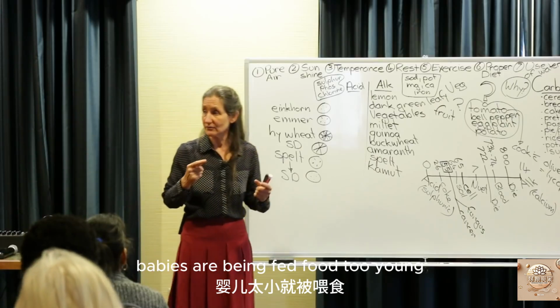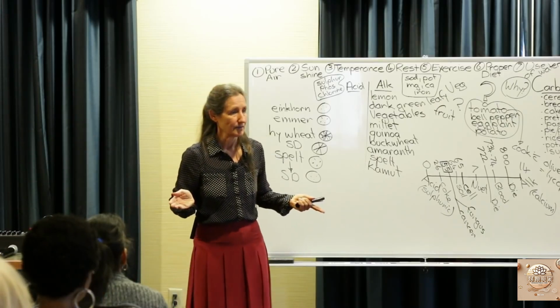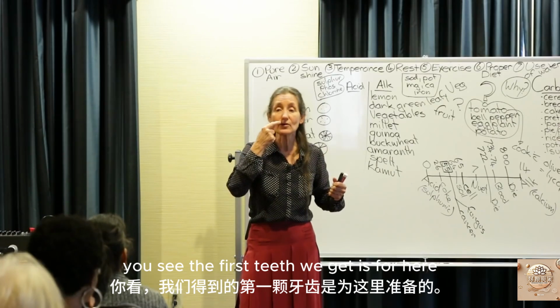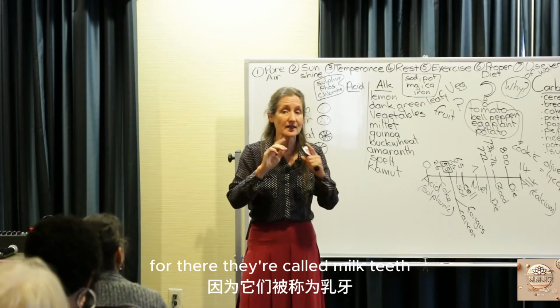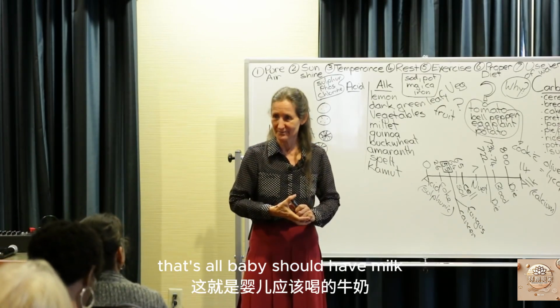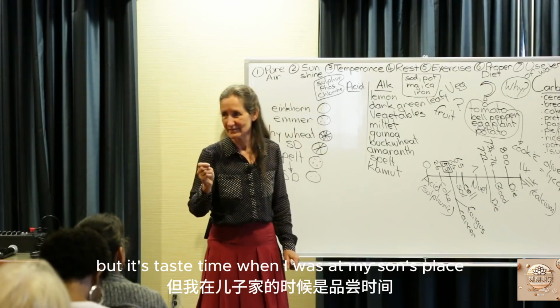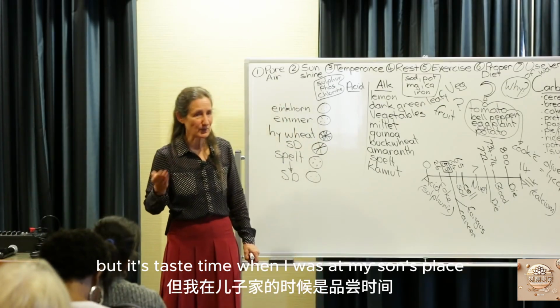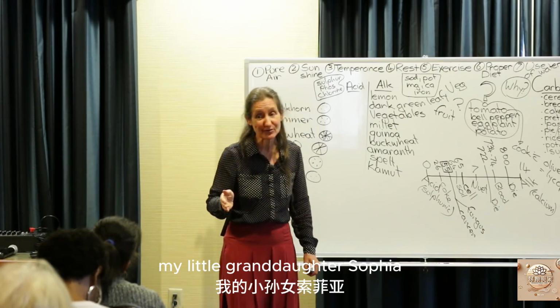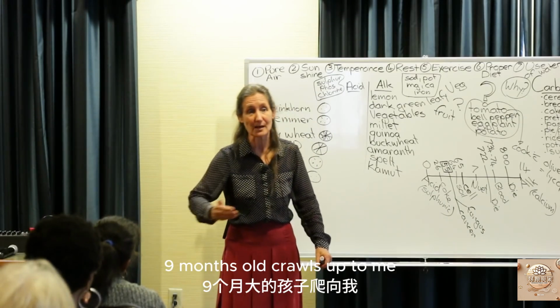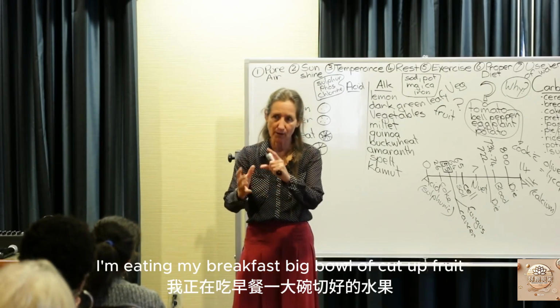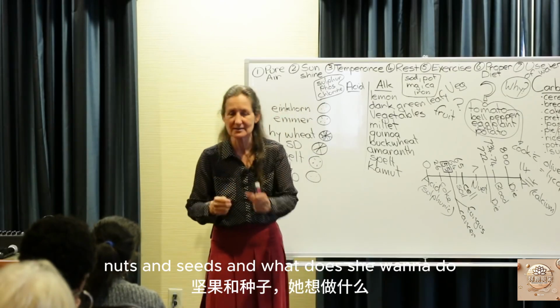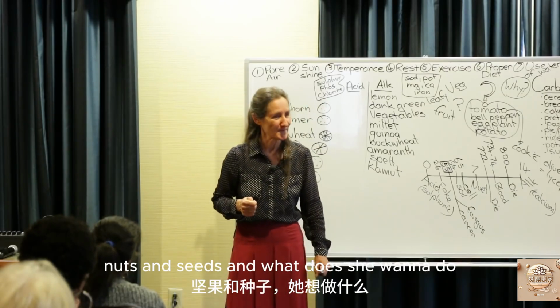Babies are being fed food too young. You see, the first teeth we get is 4 here, 4 there. They're called milk teeth. That's all babies should have, milk. But it's taste time. When I was at my son's place, my little granddaughter, Sophia, 9 months old, crawls up to me. I'm eating my breakfast, big bowl of cut up fruit and nuts and seeds. And what does she want to do?